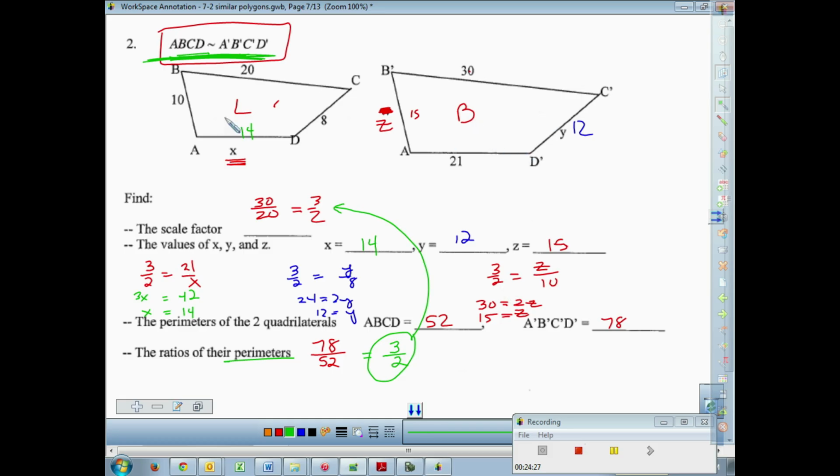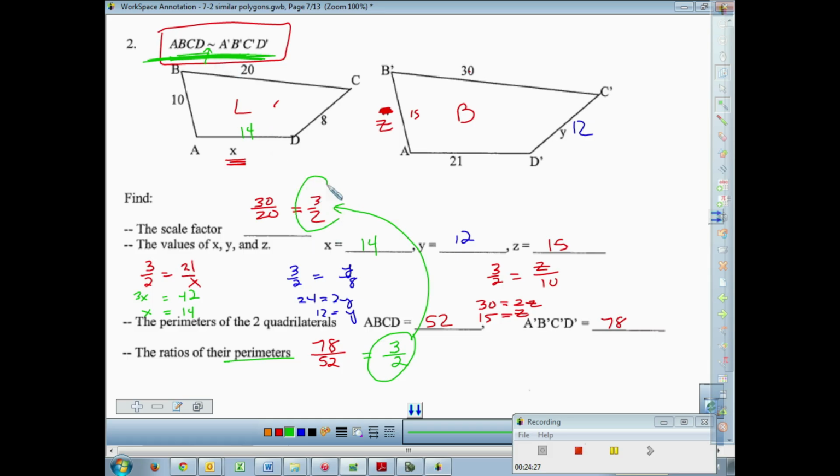Now let's take it a step beyond. What if I asked you to find the ratio of their areas? I don't even know how to find the area of that shape, right? It's a quadrilateral, correct? It does have an area. There's some space inside, but what would be the ratio of the areas of those? I don't need to know their areas to figure it out. Are they similar?